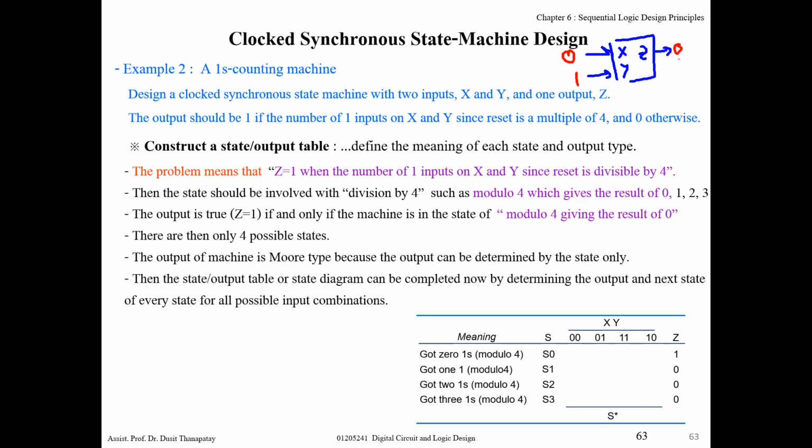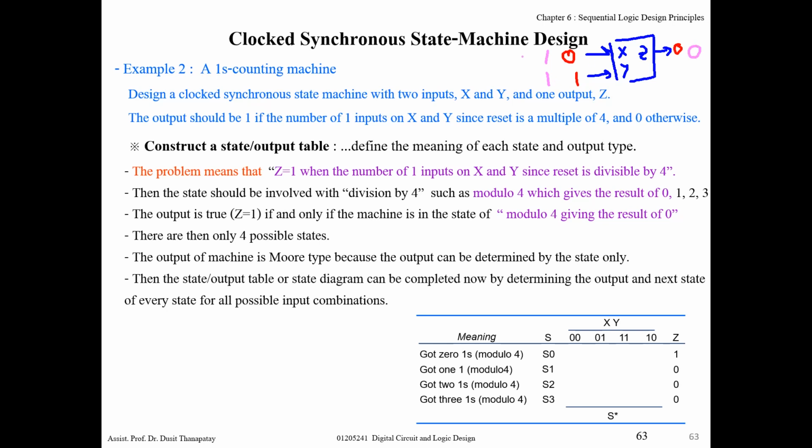If at the next clock tick the input XY is 1, 1, the total number of logic 1 inputs is 3, which is not a multiple of 4, so output Z is still 0.